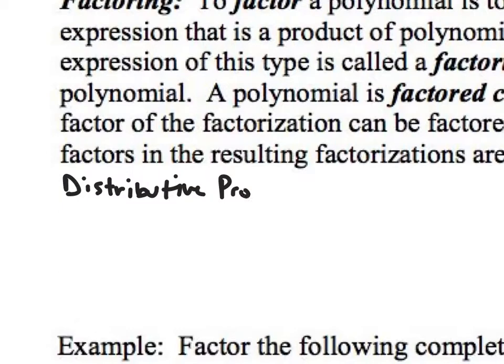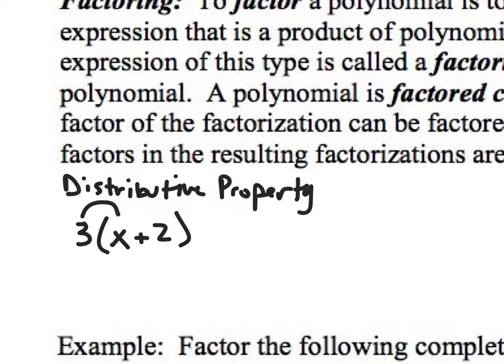Let's think, if I were to take, say, 3 times x plus 2. If I were to distribute this 3 in here, 3 times x, and then plus 3 times 2, we're going to get 3x plus 6.